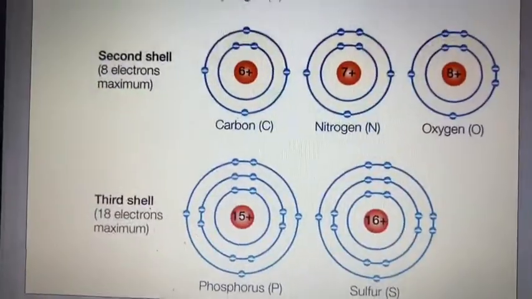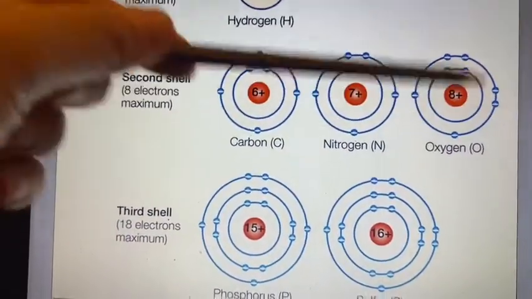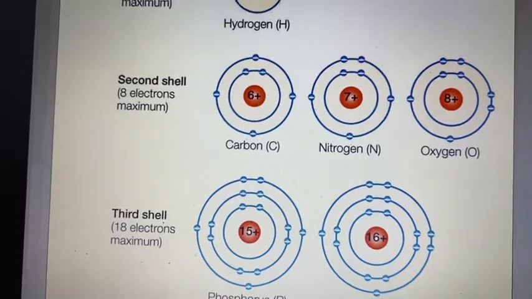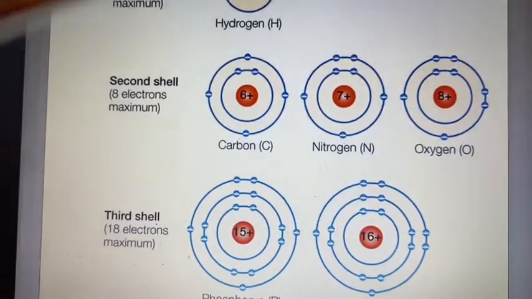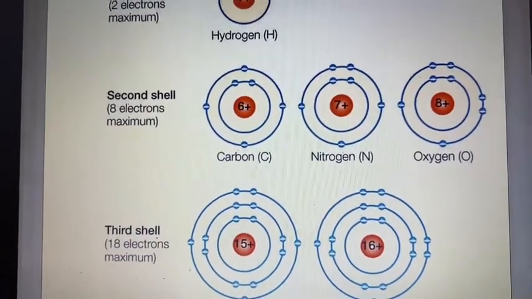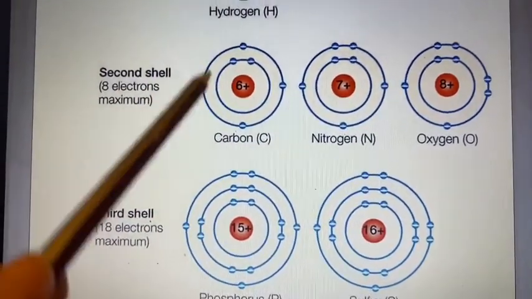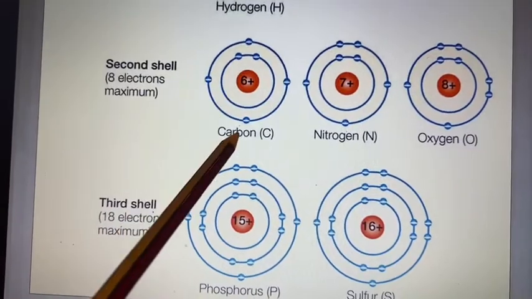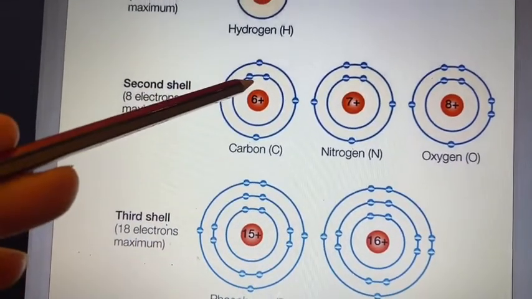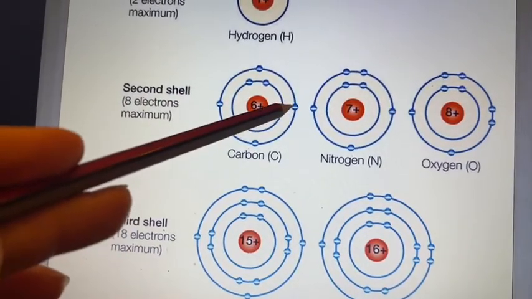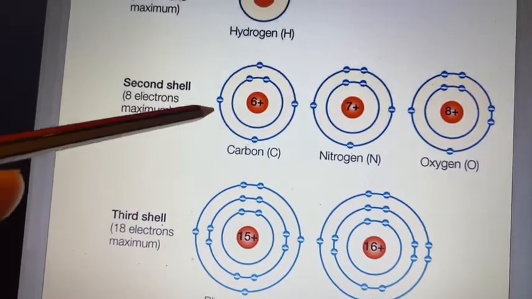There's something you have to know: moving across a period, each successive atom of the element gains 1 proton or 1 electron. For example, we said here carbon has 2 shells, but how many electrons does it have in the outer shell? 1, 2, 3, 4.